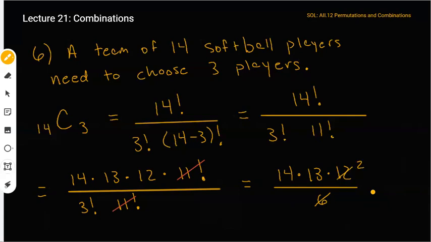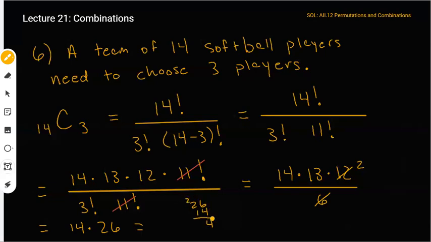So now I have 3 numbers that I need to multiply at the top. I can put the 2 with the 13 to get 26. So this is really going to be 14 times 26. So I'm just going to do the multiplication really quickly. 26 times 14. 6 times 4 is 24.